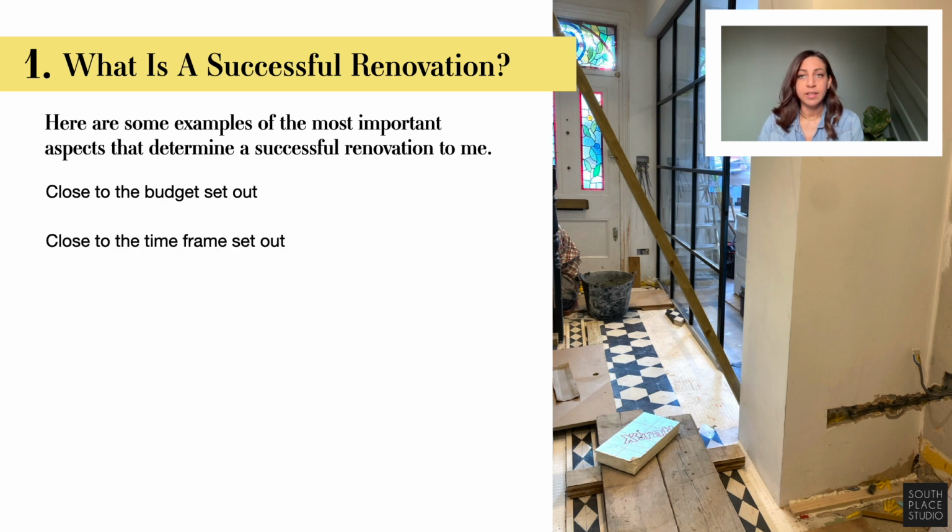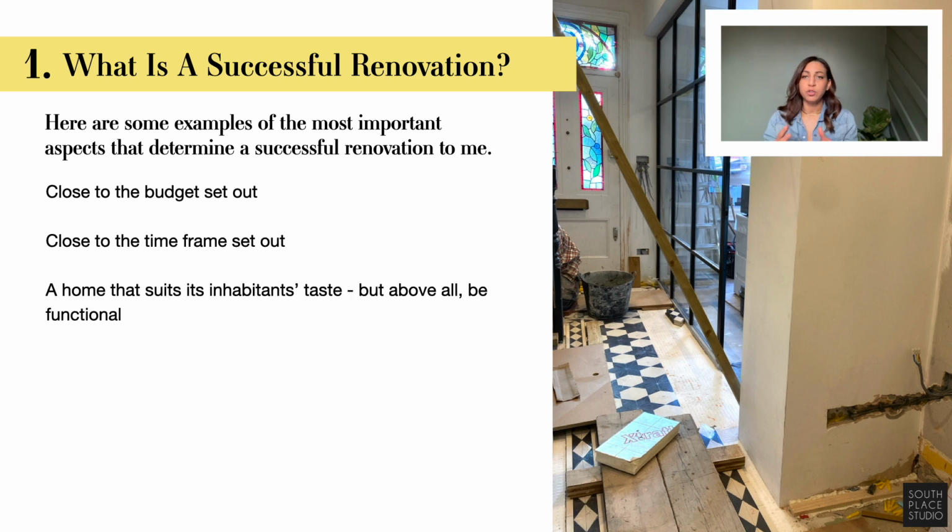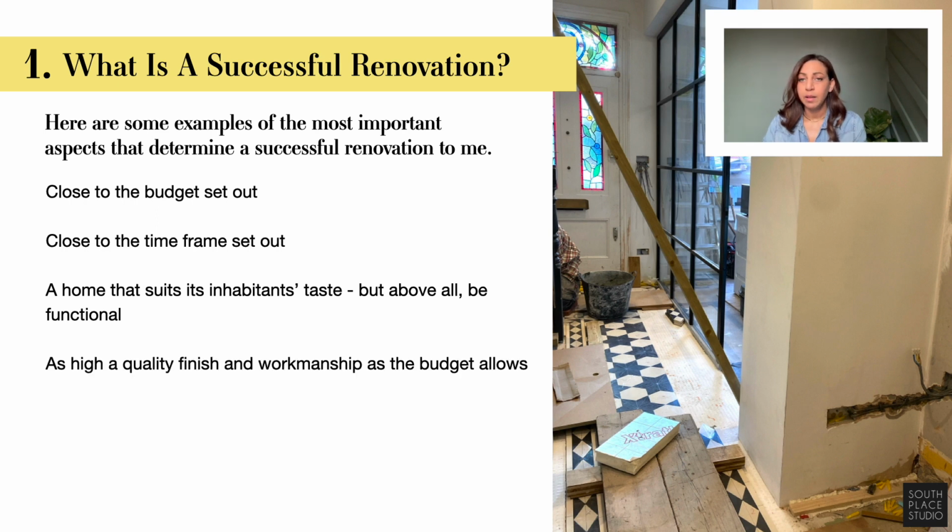It would be as close to the time frame that was set out as possible. It would be a home that suits its inhabitants' taste, but above all, it needs to be functional for the people living in it, and it really needs to work for them. And I always try and choose materials and get as high a quality finish as possible for the budget, so that we're always coming out with a quality product at the end.